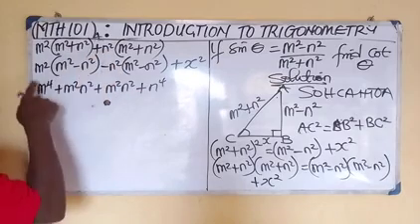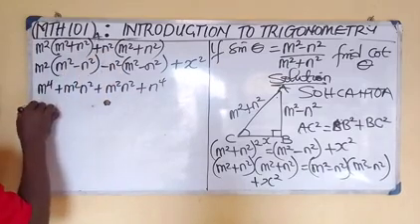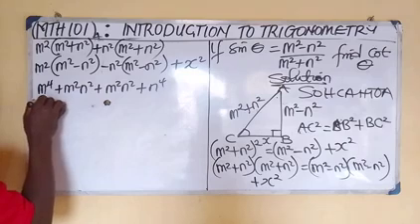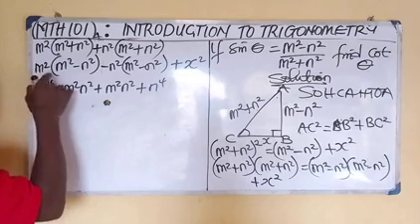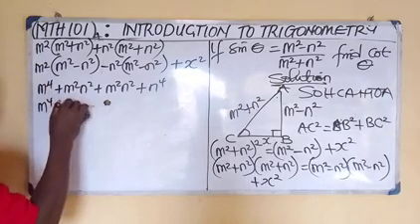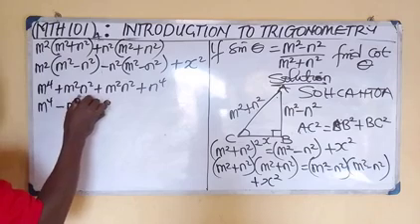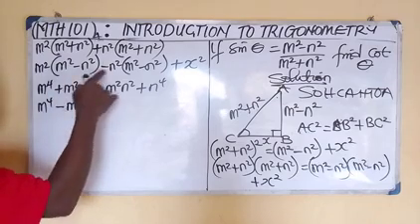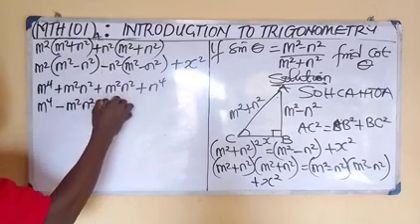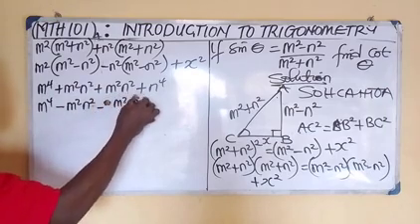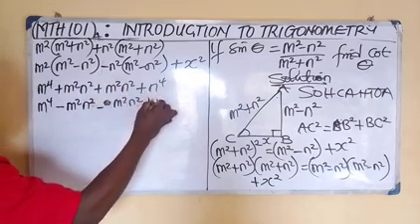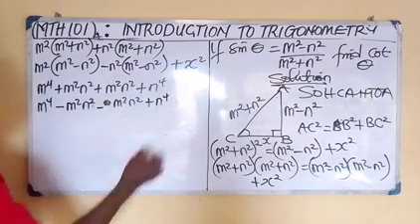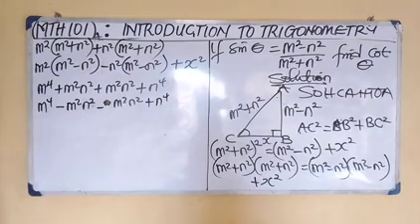That is for this one. Then this other one I have M4, minus M squared N squared, then minus M squared N squared. Minus times minus is plus, then I have N4. Right? I believe that is what it is.